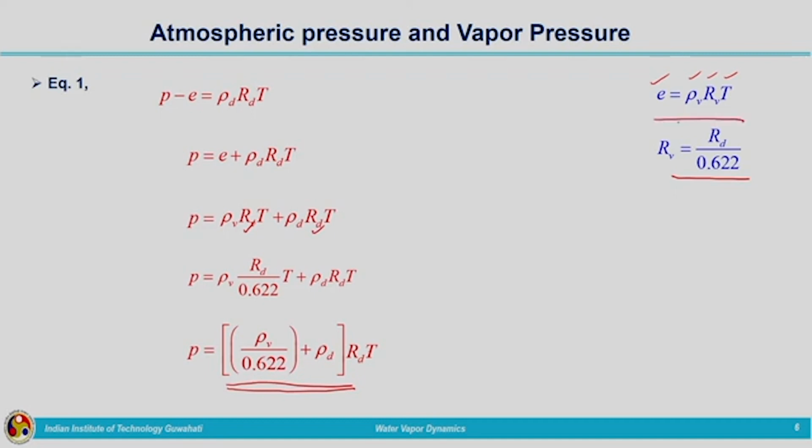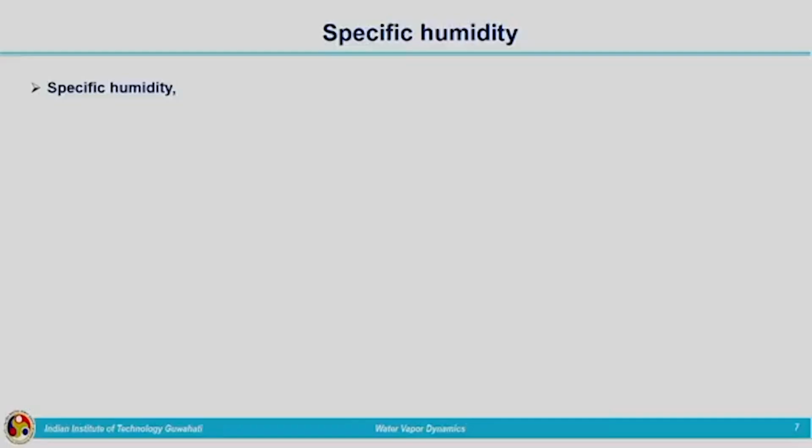Now, we have the expression for E and also the expression for P. The next step is that we need to find an expression for specific humidity in terms of E and P. Our aim is to get an expression for specific humidity which can be substituted in the continuity equation, which represents the transport of water vapor in the atmosphere.